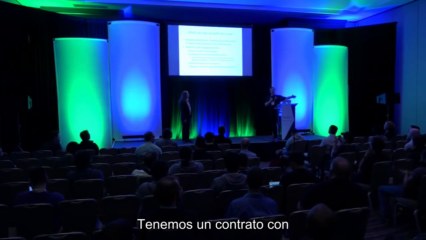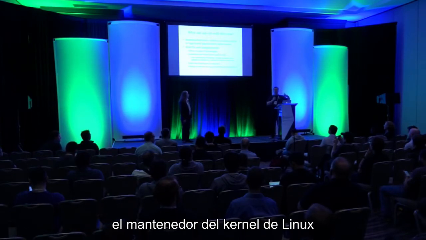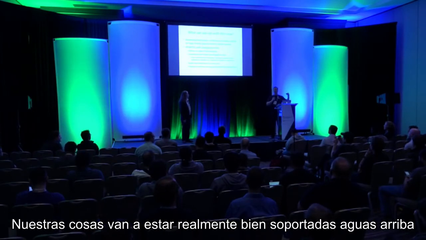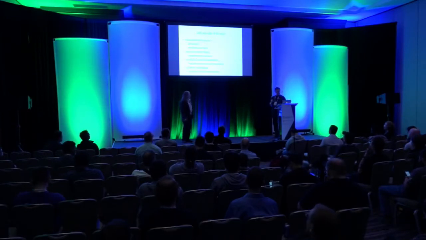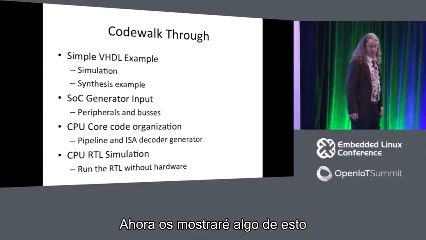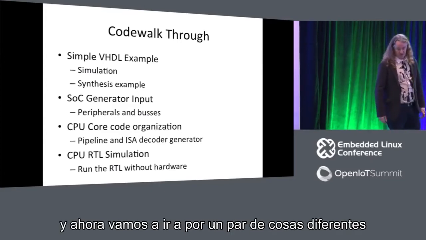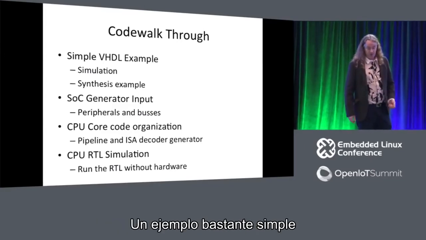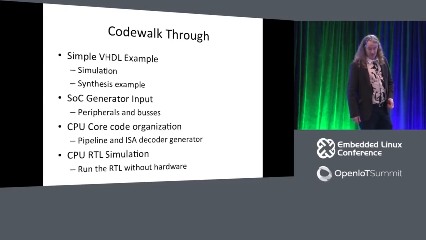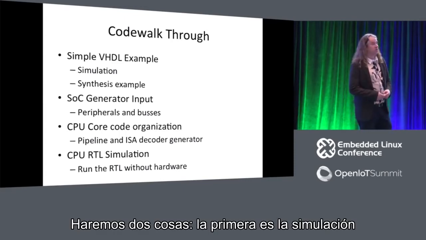We have a contract with the Linux kernel maintainer. Our stuff is going to be really well supported upstream. Okay. So we'll show you some of that. Now I thought we would go through a couple of different things. A fairly simple example, and there are two things we'll do there. First is simulation.